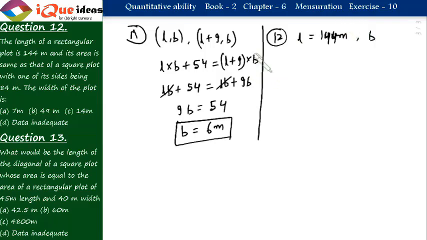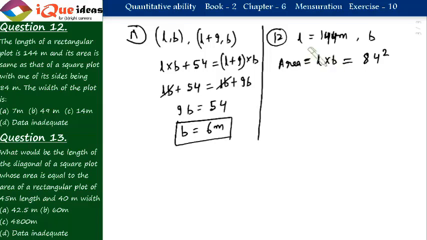Now area can be calculated as L into B, and it is given as equal to area of that square whose side is 84. So it must be equal to 84 square. Area of a square is A square. So A is given 84. So we can take the square area 84 square and that is equal to this rectangle area. Right?